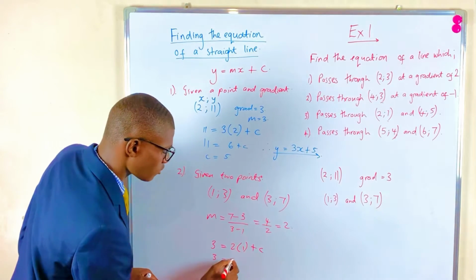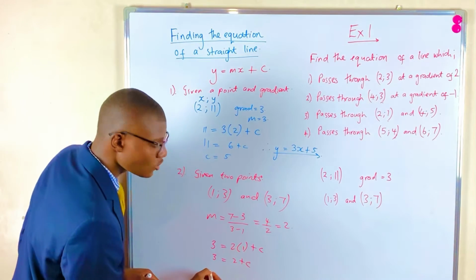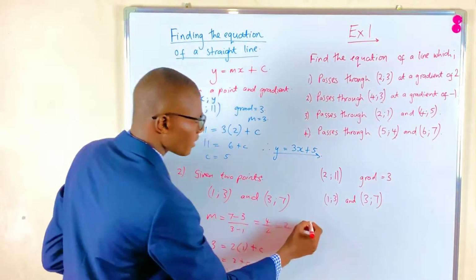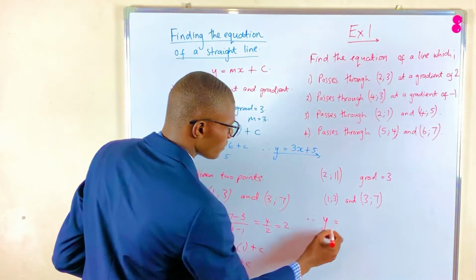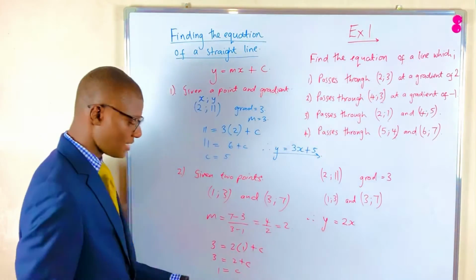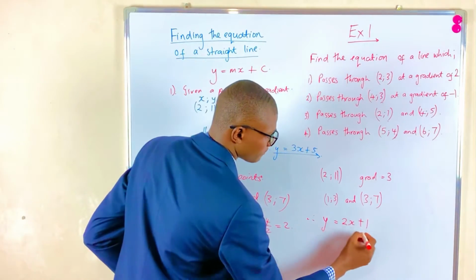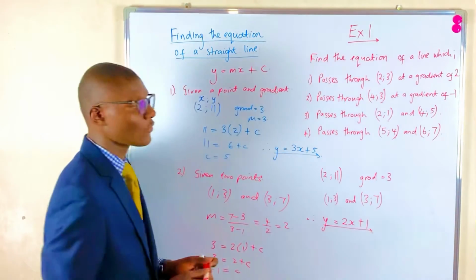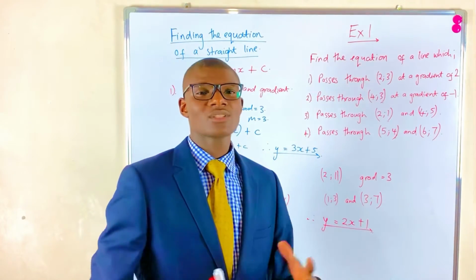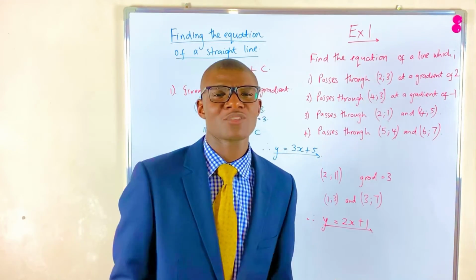So 3 is equal to 2 plus c. Taking 2 to the left-hand side, c will be equal to 1. So we can therefore say y is equal to m, which is 2x plus c, which is 1. And this would be the equation of the line that passes through these 2 points. So this is simply how we calculate the equation of a straight line.